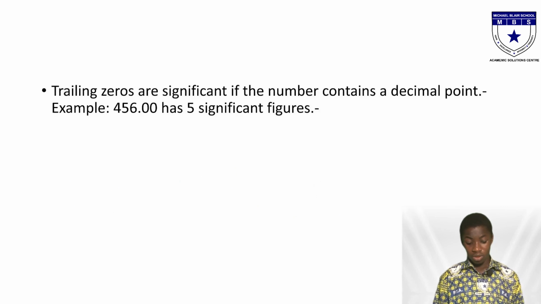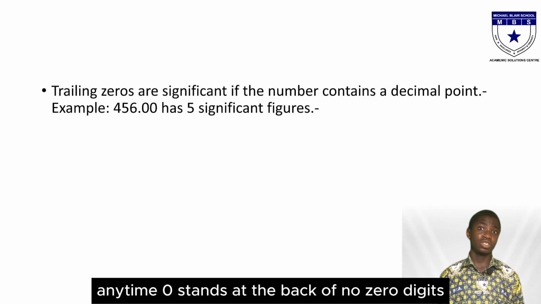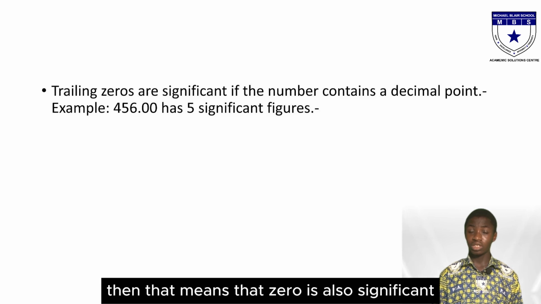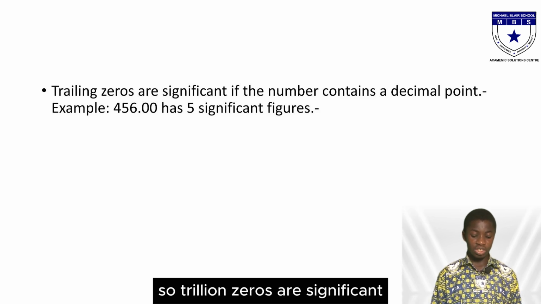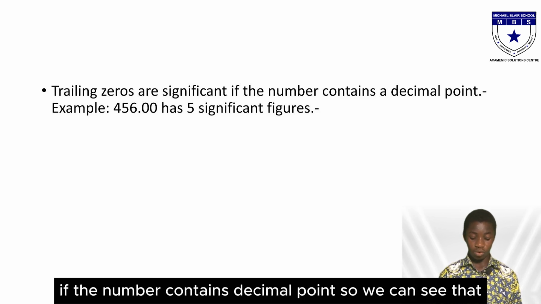However, we must also remember that anytime zero stands at the back of non-zero digits, then that means that zero is also significant. So trailing zeros are significant if the number contains a decimal point.